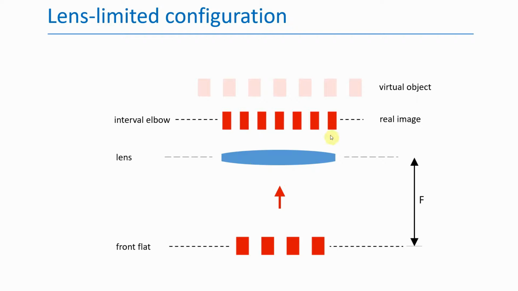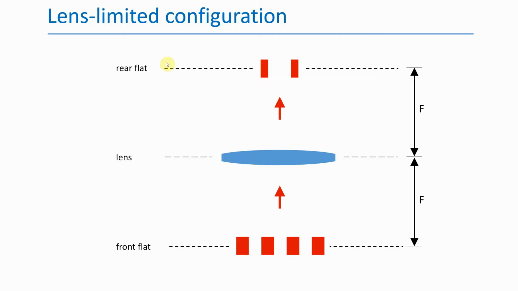But any plane after the lens gets imaged onto a different plane. The pattern that would have been formed without the lens acts as a virtual object, and it forms a real image. You can calculate that using the usual thin lens equation. The image is closer to the lens, and it's also demagnified.